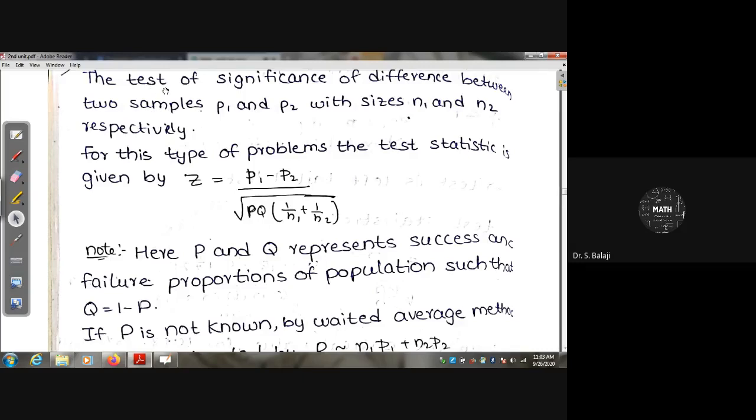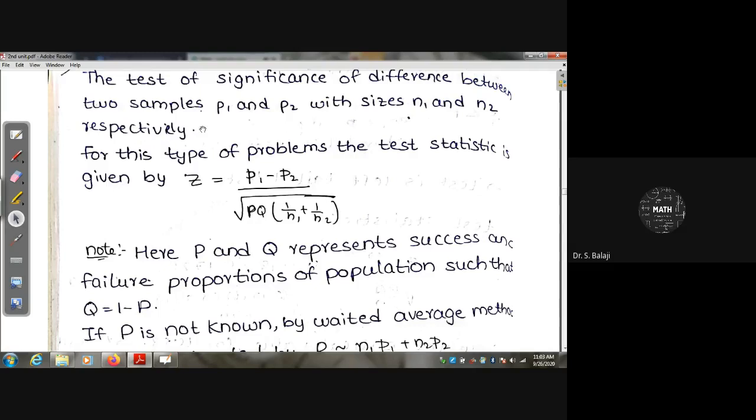Therefore, we are going to consider two samples, P1 and P2. Here the samples may be different, two different samples with different sizes, N1 and N2 respectively.